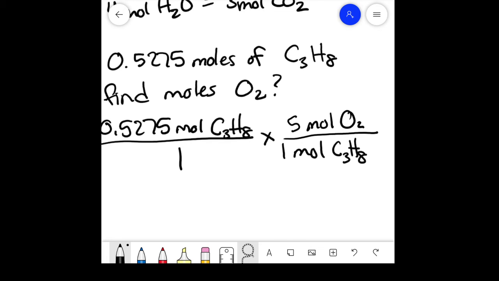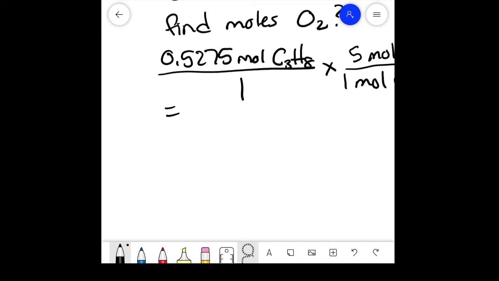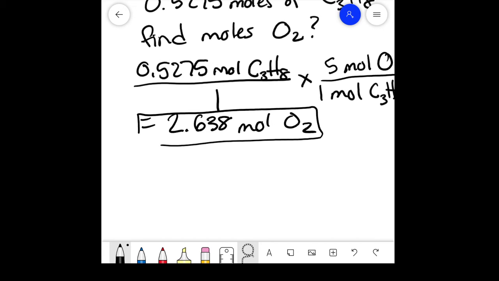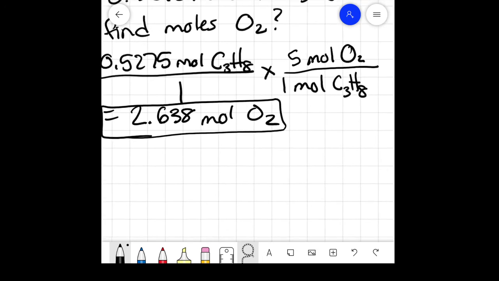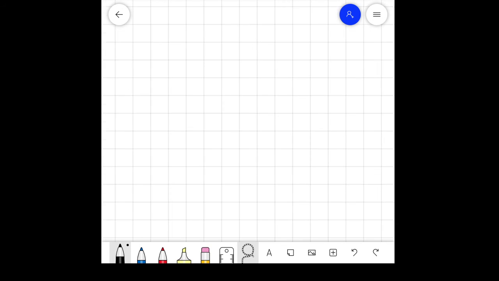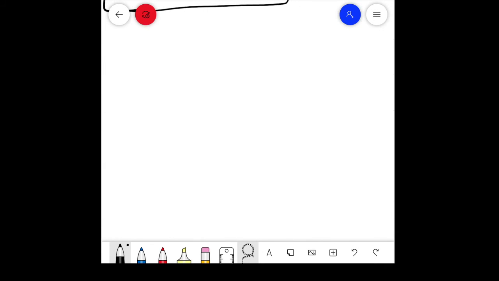So then just stick this in your calculator, and you get 2.638 moles of oxygen. So that would be your answer to that. Since it asks for moles, you just need to put in the molar equation. But obviously, as you've seen if you've been working examples, they're not really that simple.